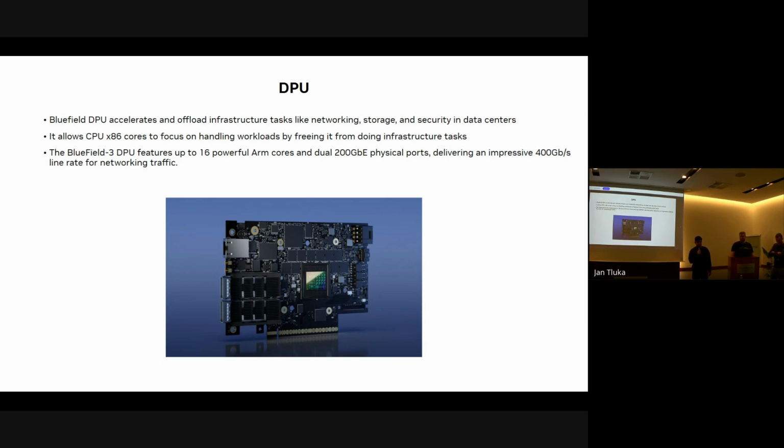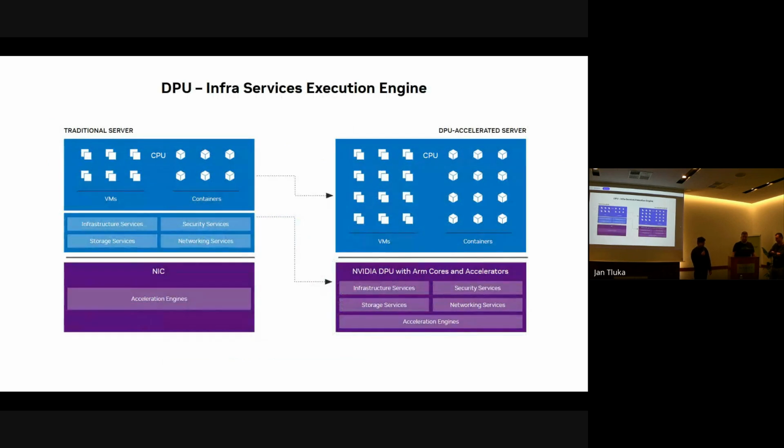The main idea is to offload CPU cores, x86 cores, from doing infrastructure tasks so that they can focus solely on running customer workloads: pods, VMs, containers, etc. Specifically, the BlueField-3 DPU, the one shown in the picture, has 16 ARM cores and 2 physical ports, each with 200 gig, allowing you a total 400 gig line rate for your data and networking traffic.